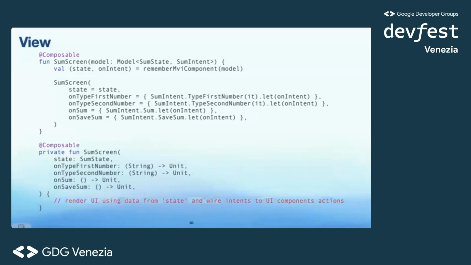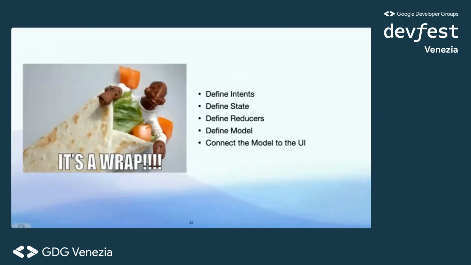But rememberMVIComponent is doing that for us, so we just get the state. That's it. So thanks to the lambda function onIntent, we can transform the Compose actions, which are listed lower in the other private fun, into a flow of intents.